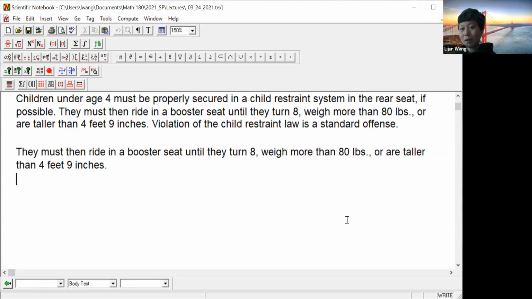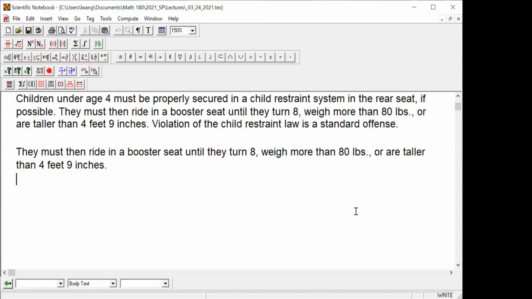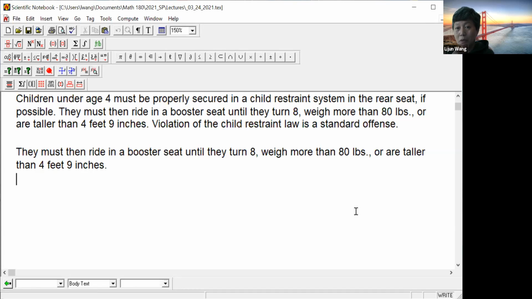Does he have to ride in the car seat or booster seat? If he's more than 80 pounds, no. This child is more than 80 pounds, but he's only 5.